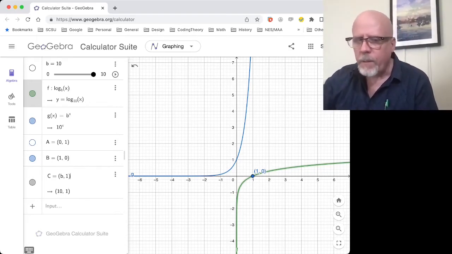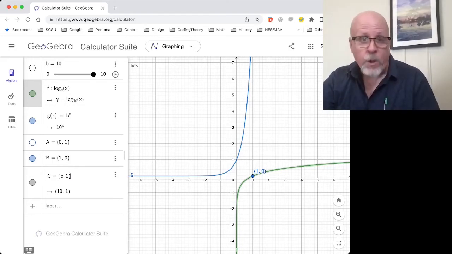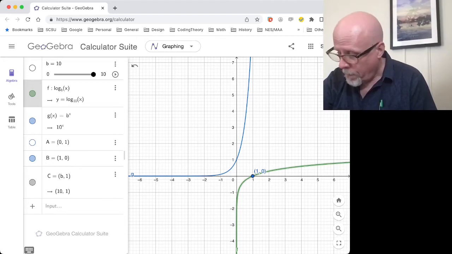But not every possible y value is actually an output. And you can very easily see it on this graph. If you have a negative number, you get small values. If you have a positive number, you get very large values, depending on the value of the base. But we're looking at 10 right now. But you never get negative values out.